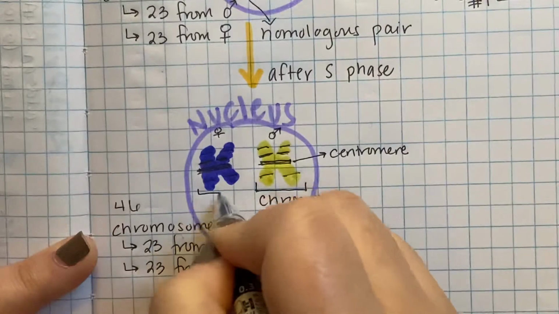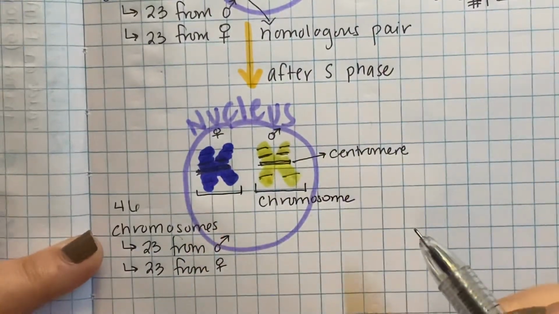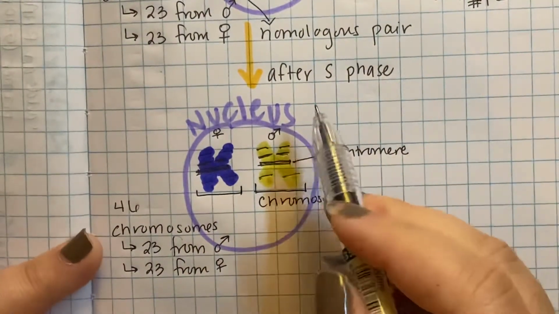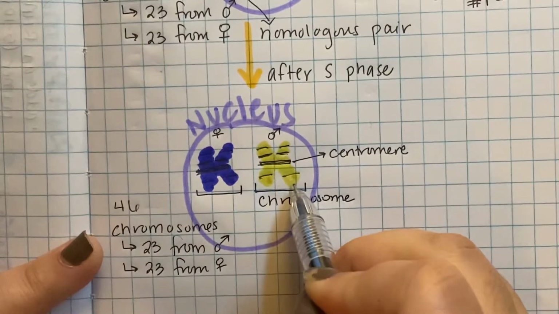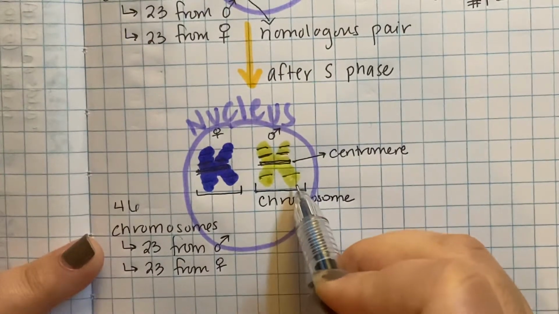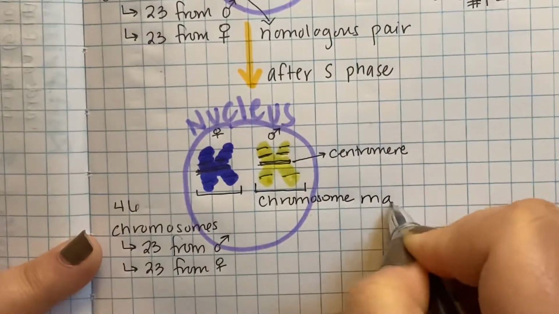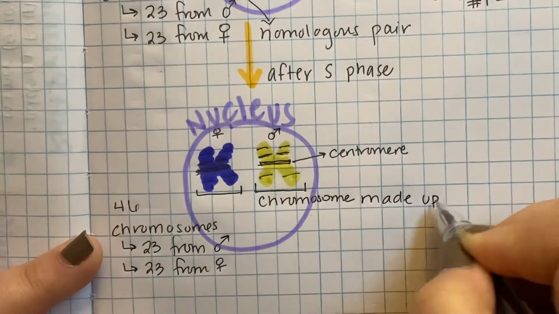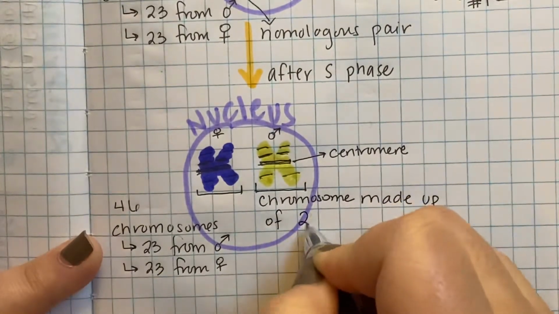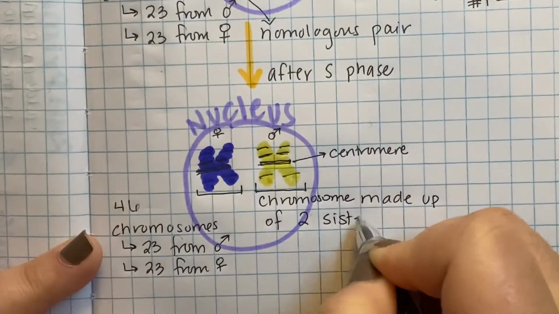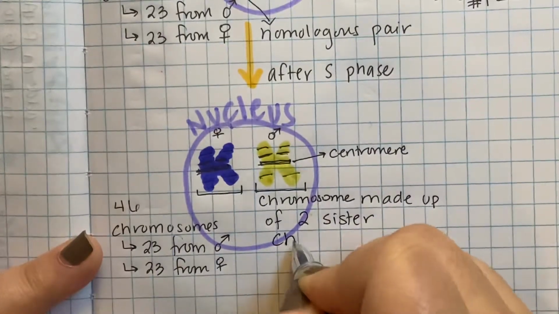This is another chromosome. So in this nucleus, we have 2 chromosomes total. Because we have replicates, now we have 2 of something else. So this chromosome is made up of 2 sister chromatids.